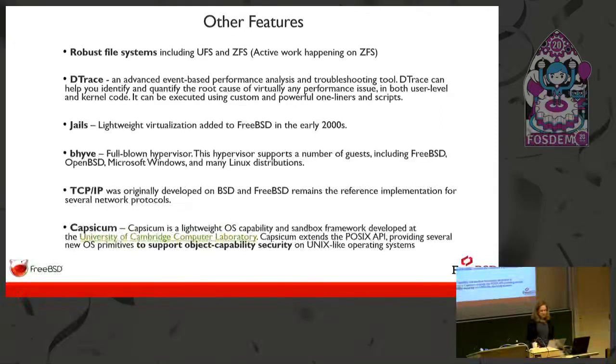Some of the other features we're known for, so like I said, ZFS, and we're very active in the OpenZFS project, dtrace, which was brought over from Sun back in, I think it was about 2005. It's a dynamic tracing tool. The jails, I mean, we really came out with the first containerization.